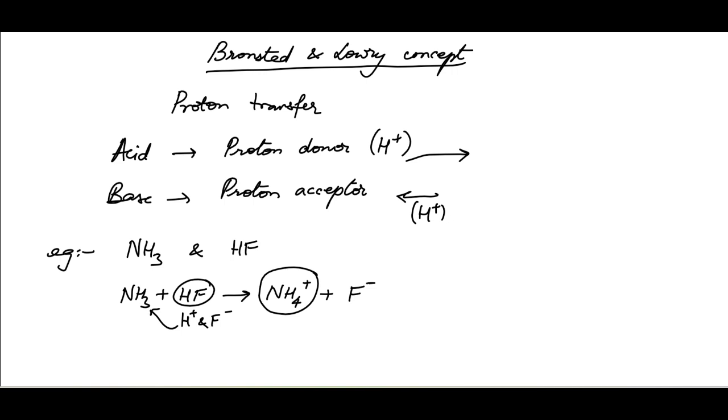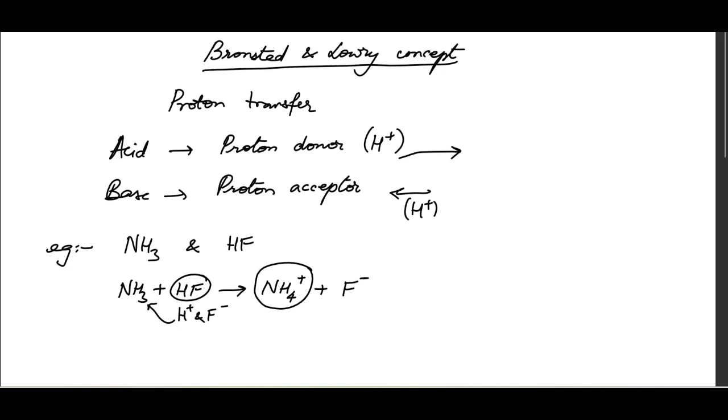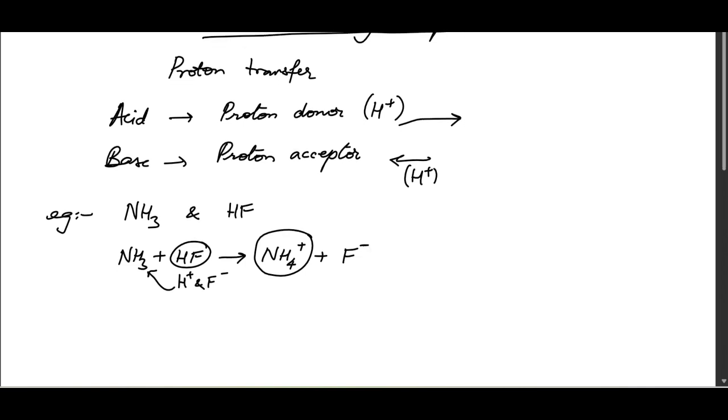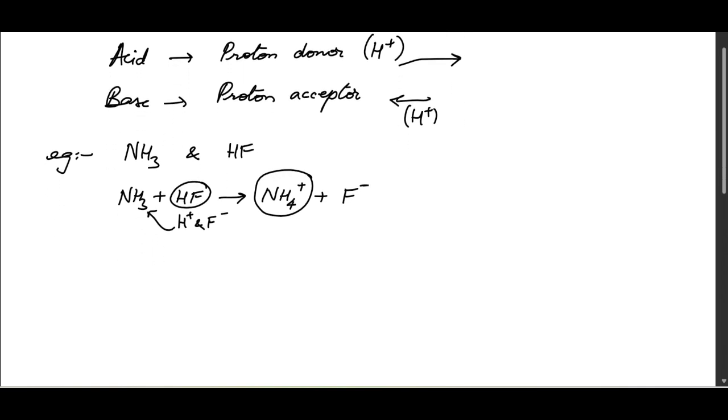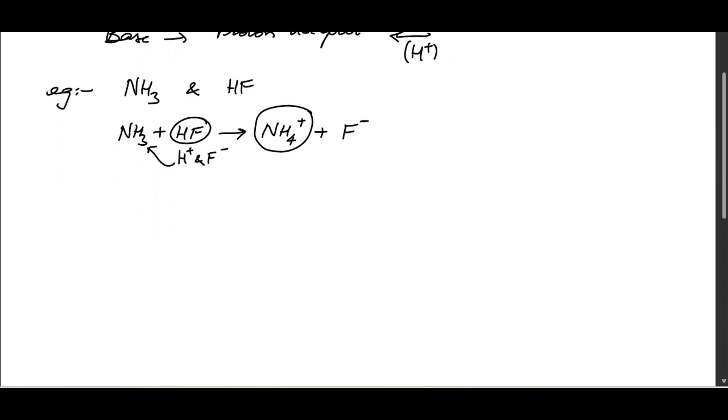Now let's take one more example. We can also take up a case where we have water as the solvent, to understand that the Bronsted-Lowry concept is also able to cover the acid-base definition as per the Arrhenius concept, but in a different way, that is by understanding transfer of proton. Let's take that example.